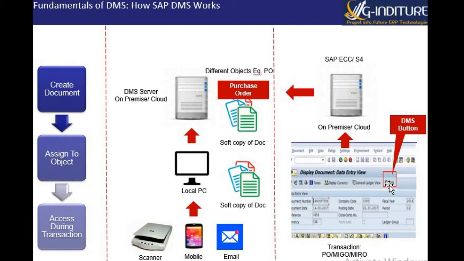When you click this link, from your server you get connected to the DMS server, where, against this object, that is the purchase order, whatever documents are assigned can be viewed. So this is the overall picture, and now following are the slides where we explain practically in the system how this works.